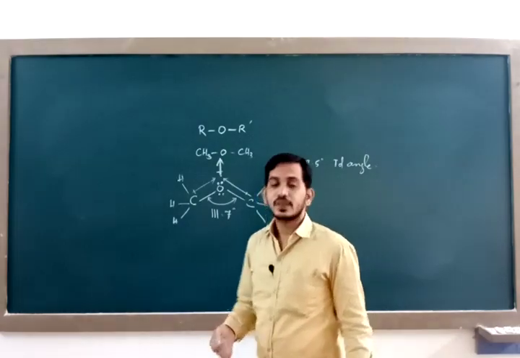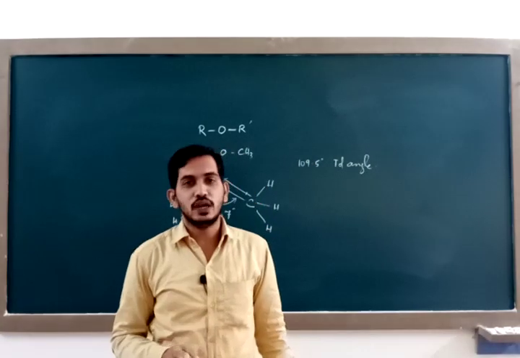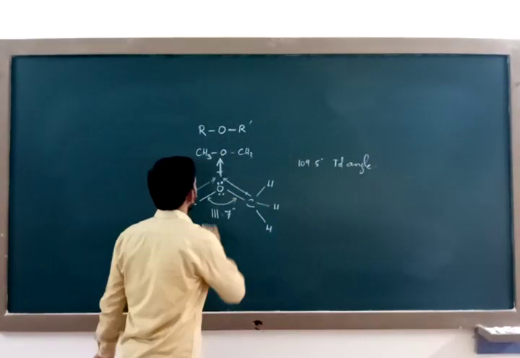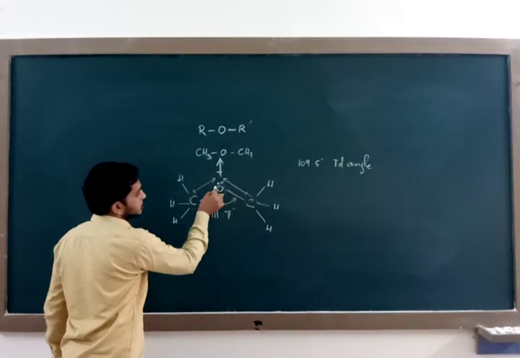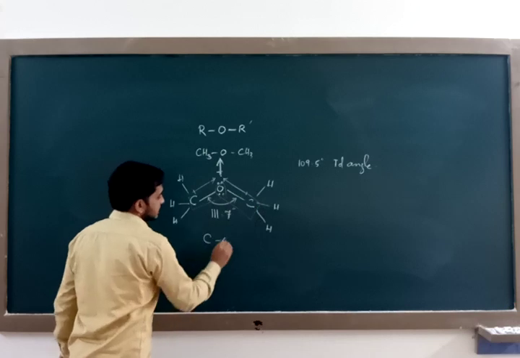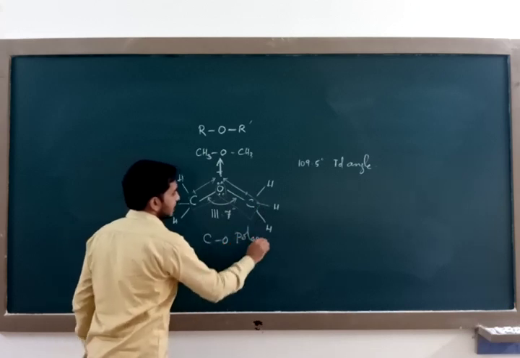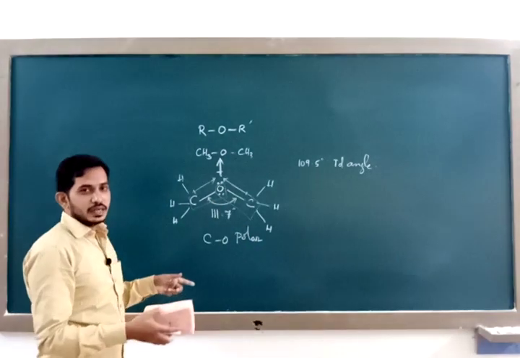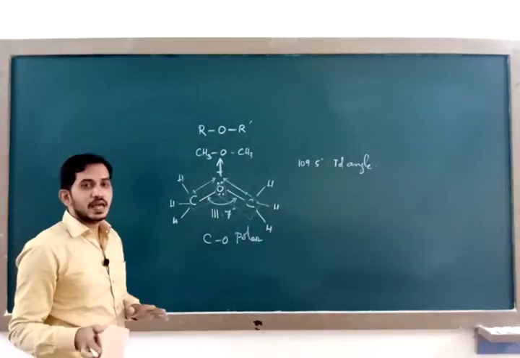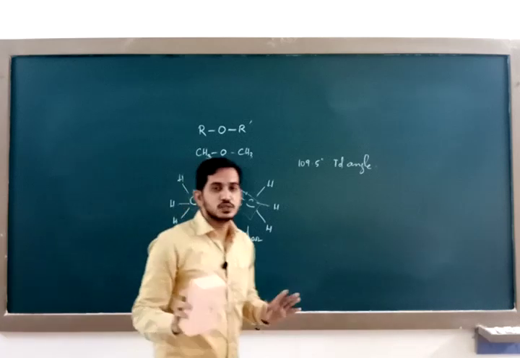Therefore, we say that ethers are polar molecules. Their polarity is because of this oxygen carbon bond. Since the C-O bond is a polar bond and also the molecule is angular, they will have net dipole moment, and their dipole moment is not zero.